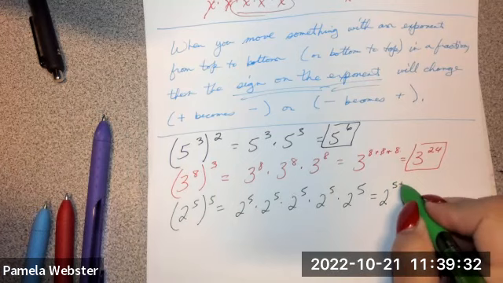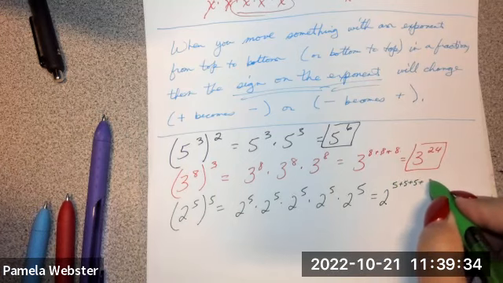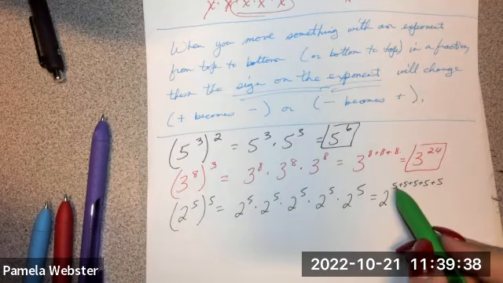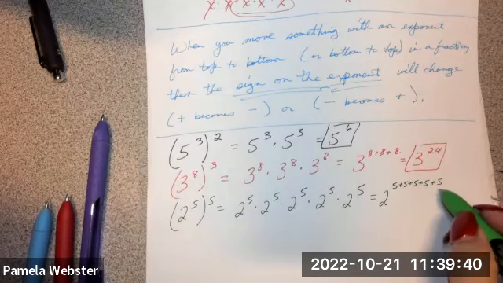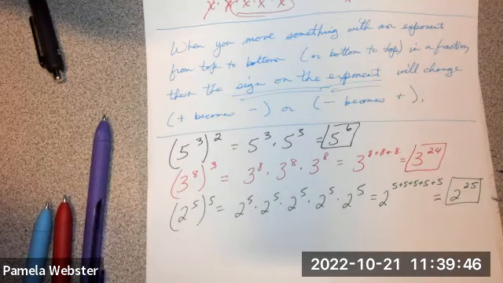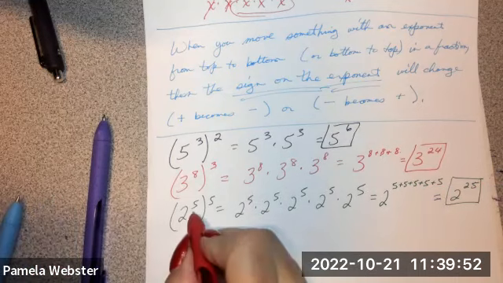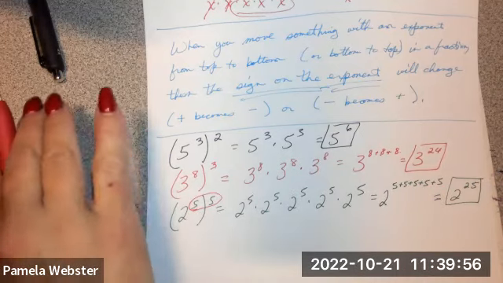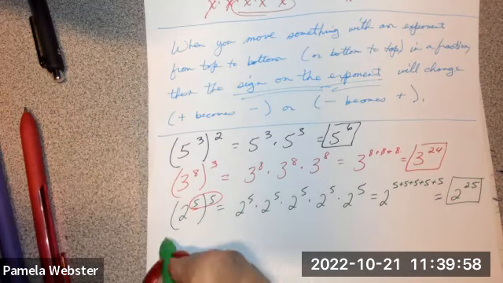So that's 2 to the 5 plus 5 plus 5 plus 5 plus 5. When I add those, 5, 10, 15, 20, 25, that is 2 to the 25th. And we say, well, 5 plus 5 plus 5 plus 5 plus 5 is the same as 5 times 5, right? So what we're seeing is when we have a power raised to a power, we can multiply those exponents.